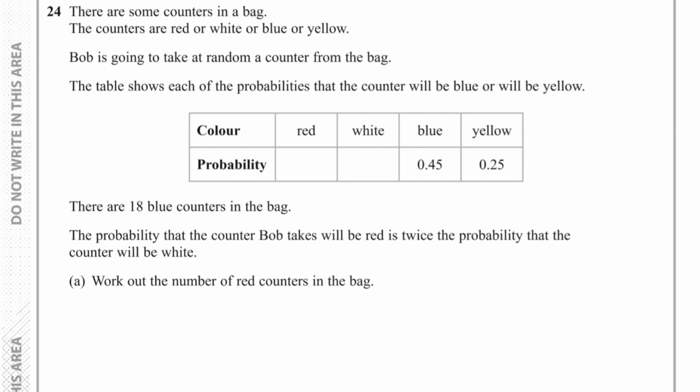Well, if we say that the probability of obtaining a white is x, that means for red that's twice this, so that's 2x. So we have 2x plus x plus 0.45 plus 0.25. This is equal to 1. So we have 3x plus 0.7 equals 1.